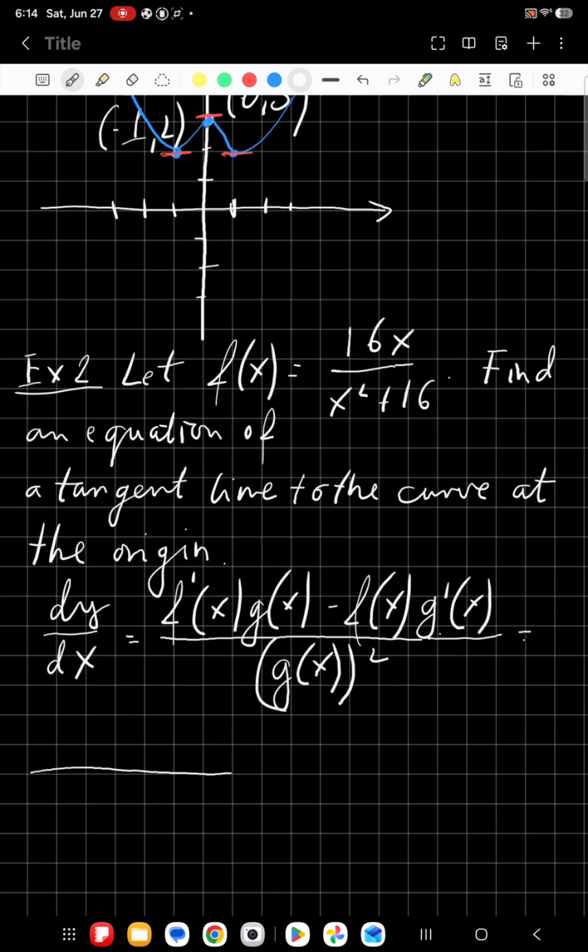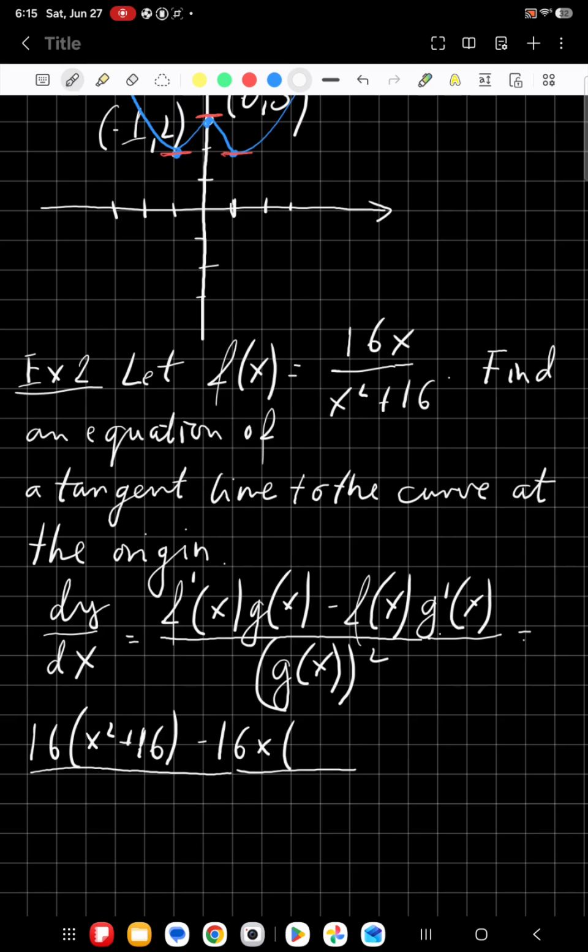We're doing the first derivative of the top, 16x, so that's just 16, times the bottom function unchanged, x squared plus 16, and then minus the top function unchanged, 16x, times the derivative of the bottom function.